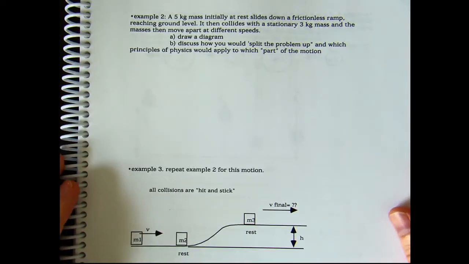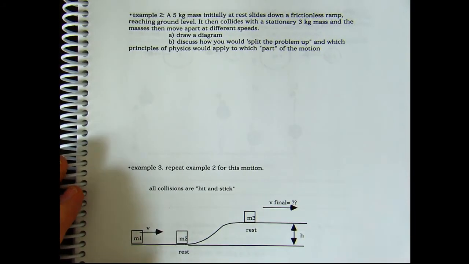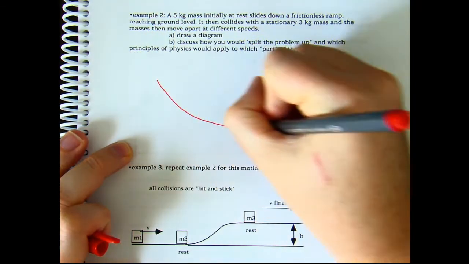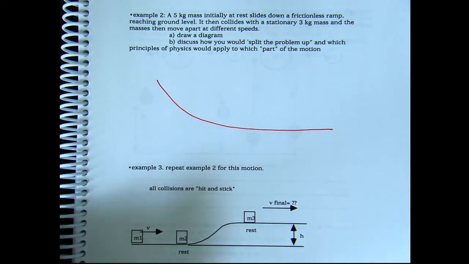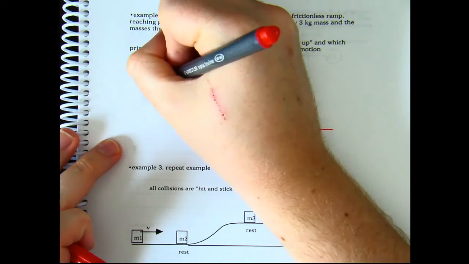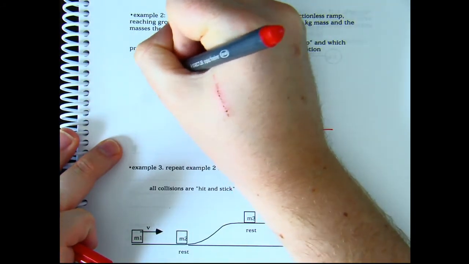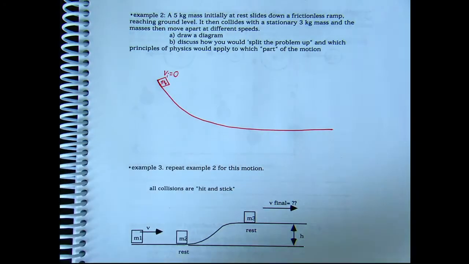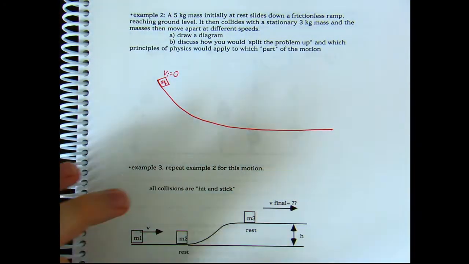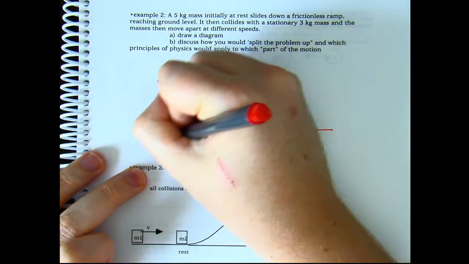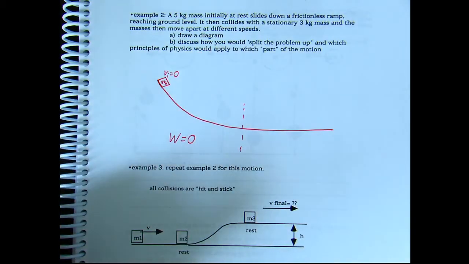A 5 kilogram mass initially at rest slides down a frictionless ramp. Okay, so here we go. We've got a 5 kilogram mass initially at rest, so 5 kilograms, vi equals 0. It slides down a frictionless ramp, which means for this part of the problem, work equals 0. There is no friction. It collides with a stationary 3 kilogram mass.